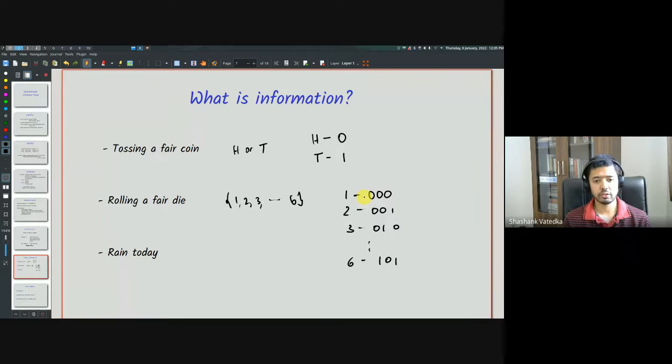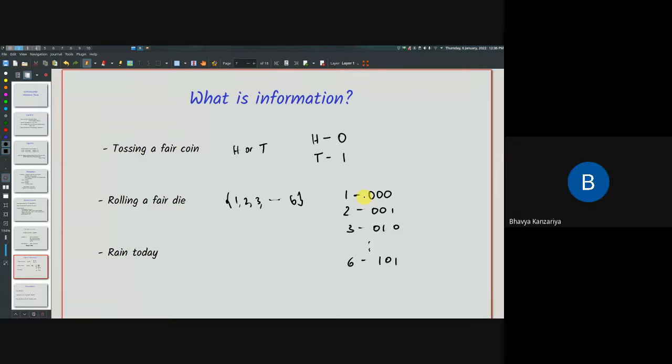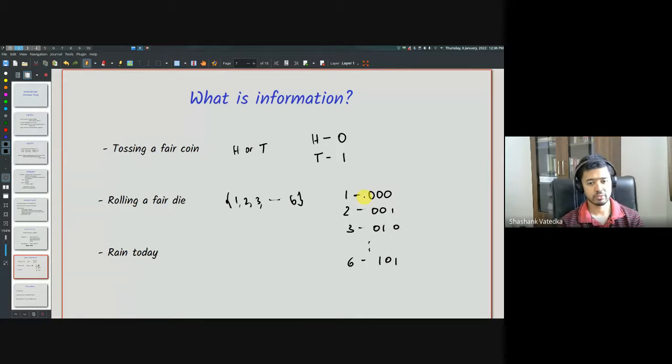Is it tossing a fair coin, or is it rolling a fair die? It's rolling a fair die. Correct.